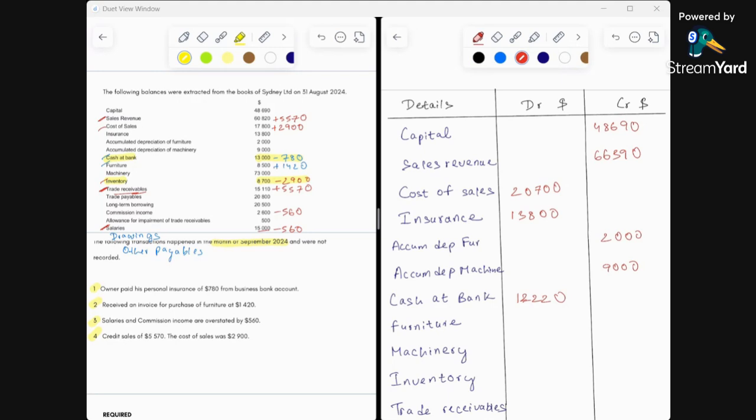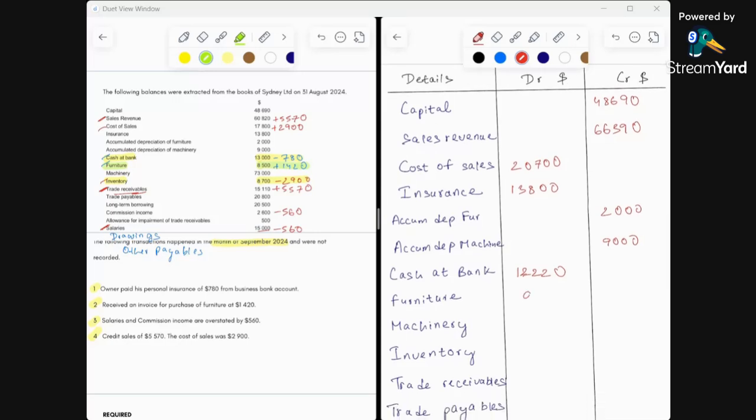Next, we've got the furniture, where we are adding the purchase of new furniture of $1,420. Originally the balance was 8,500. Now we are adding 1,420, so 8,500 plus 1,420 gives us 9,920. And furniture, being an asset account, will be shown on the debit side.